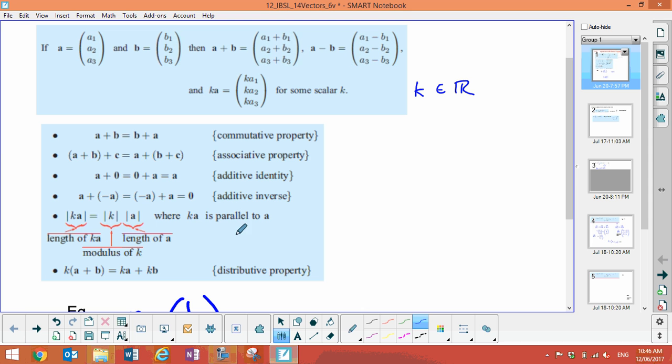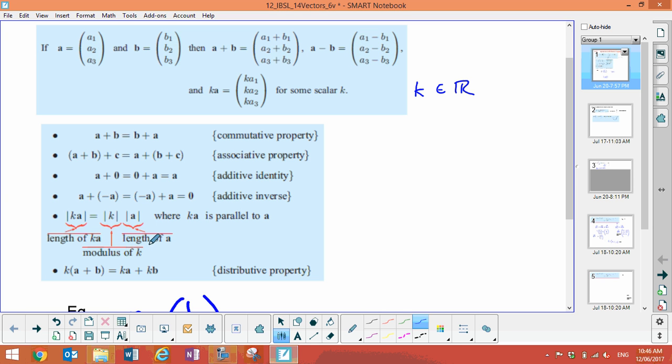If we want the magnitude of our vector that's been multiplied by a scalar, then we can effectively get the magnitude of the scalar times the magnitude of the vector. So it's just about notation here. We're saying what's the actual length of that vector. The modulus of k is where we're using the absolute value.